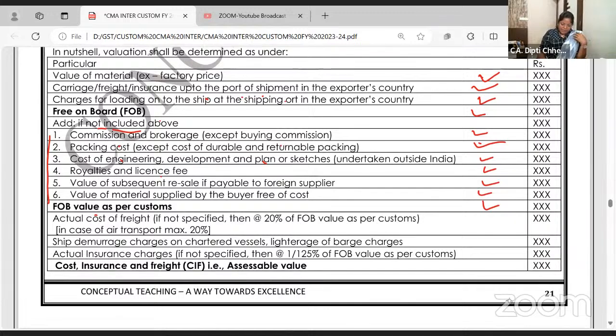Now on this FOB, 20% is the freight, 1.125% is the insurance.